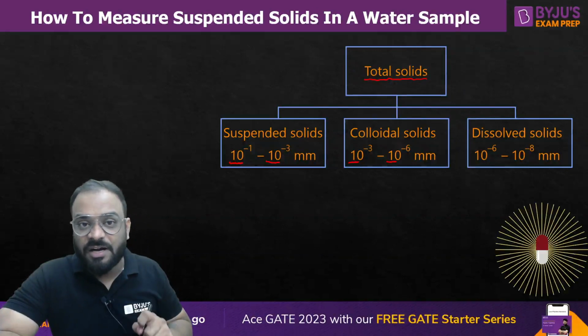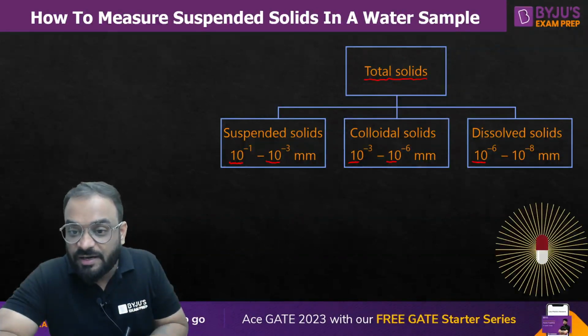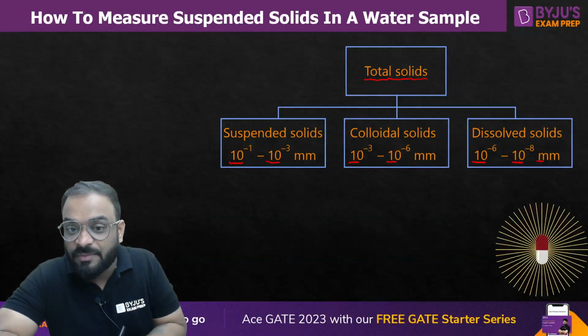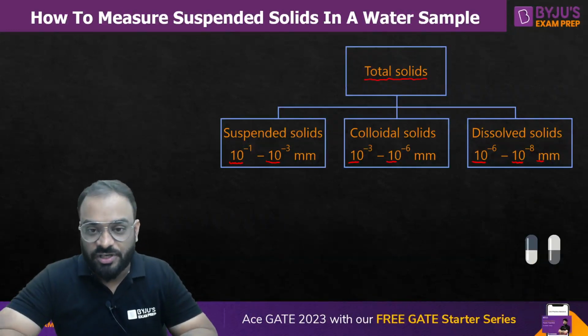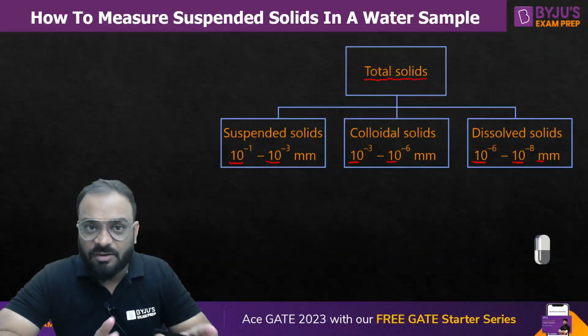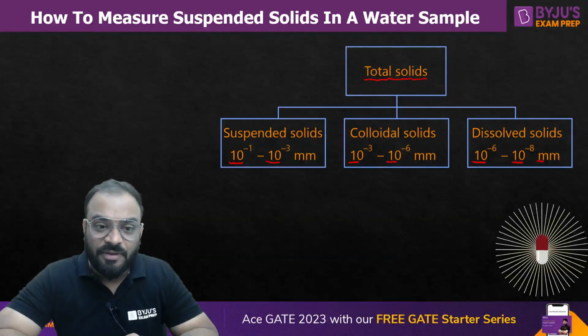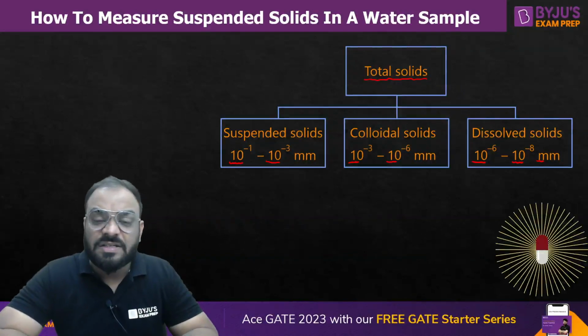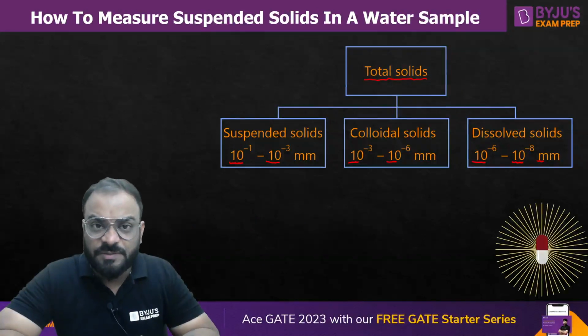And if the size of particle is between 10 raised to power minus 6 to 10 raised to power minus 8 mm, then it is known as dissolved solid. So we have a very large range of the solid particles, right? 10 raised to power minus 1 to 10 raised to power minus 3 is mainly suspended solid, right?